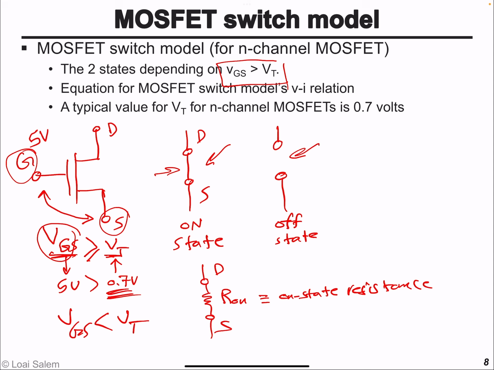So the point here is it doesn't apply 0 ohm resistance, which is a short circuit. A short circuit is basically a resistor of 0 resistance. It doesn't apply a short circuit between the drain and source. Essentially, the path between the drain and source that it connects has a finite amount of equivalent on resistance, R on.